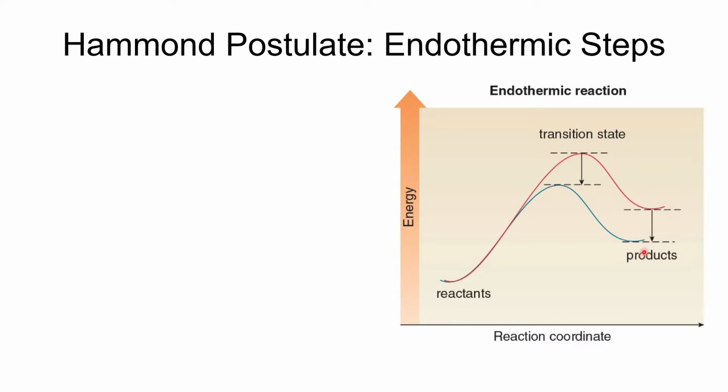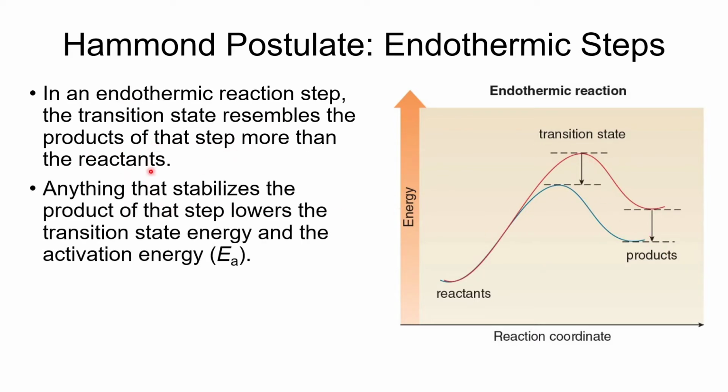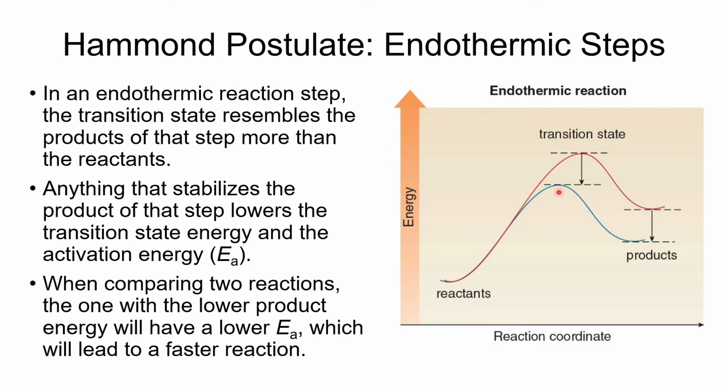So in an endothermic step, the transition state resembles the products more than the reactants. Anything that stabilizes the products lowers the transition state and thus lowers our activation energy. Anything that lowers the activation energy is going to make the reaction go faster.